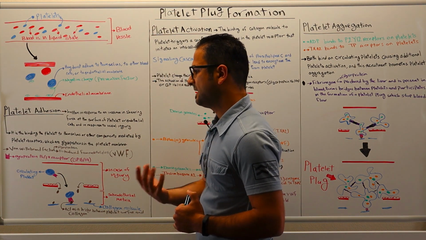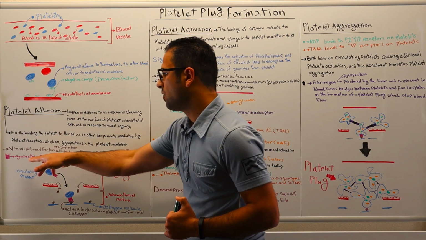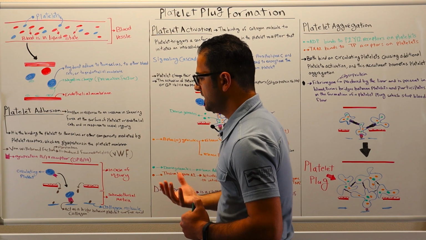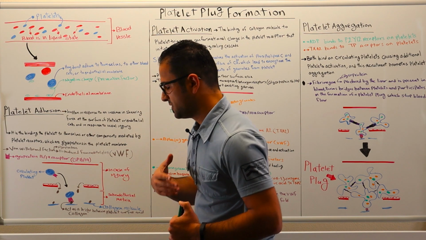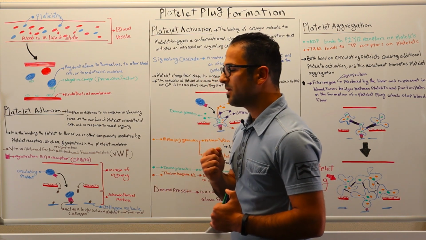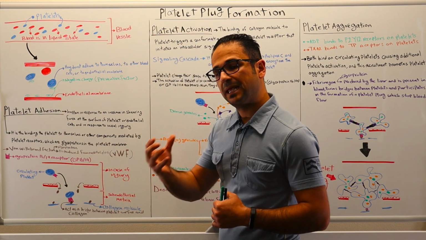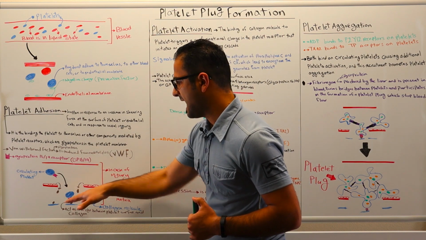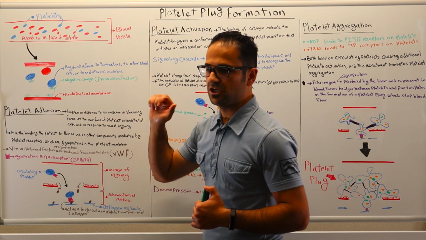And due to the fact that platelets have a receptor called glycoprotein 1B1A receptor, which actually binds to the Von Willebrand factor, what Von Willebrand factor does in this case is work as a linkage or a bridge between the platelet and the collagen. So once this happens, this completes the first step, which is platelet adhesion.